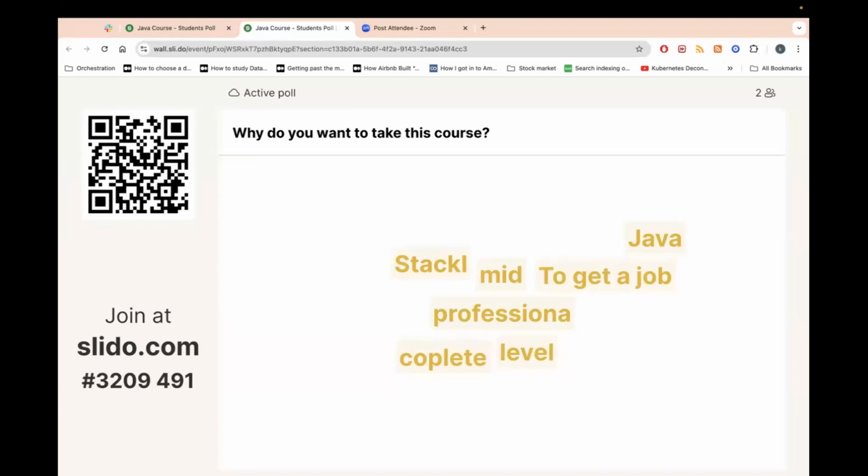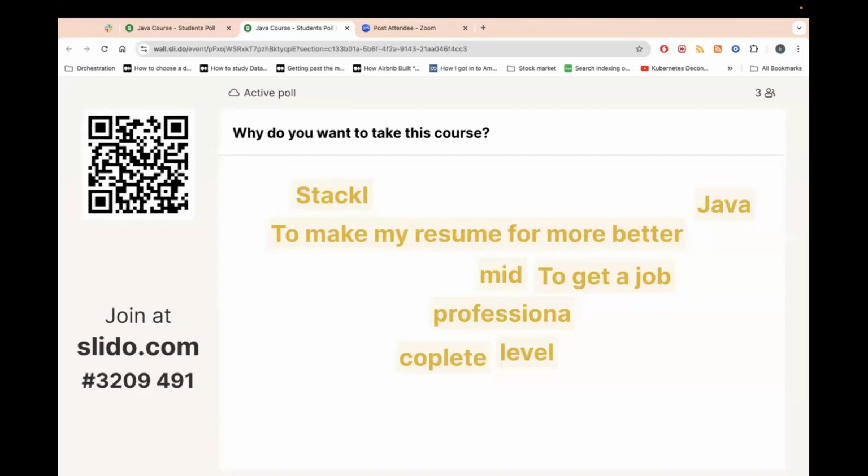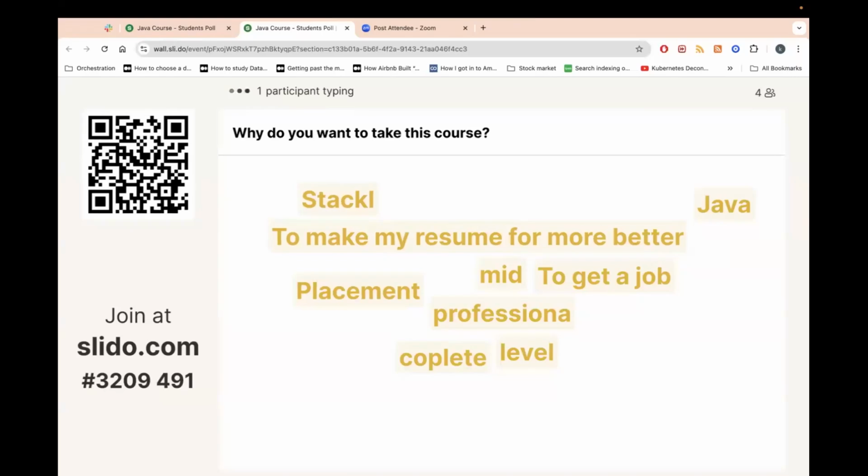Okay, to get a job, nice. To be professional, full stack knowledge. Okay, I am at mid-level in Java full stack and I need to complete professional. Nice. To make my resume better. Placement, nice. Okay, I just got an overview.